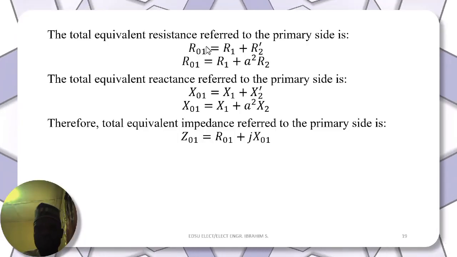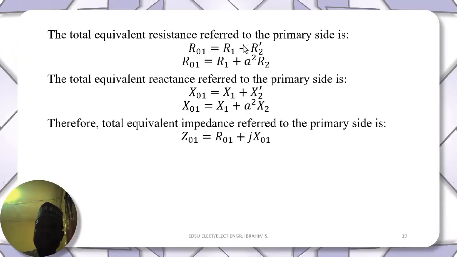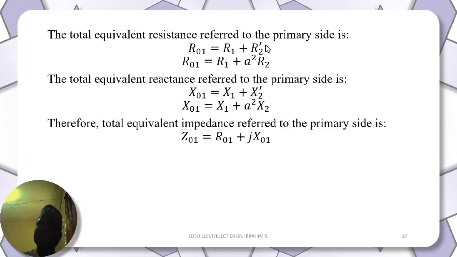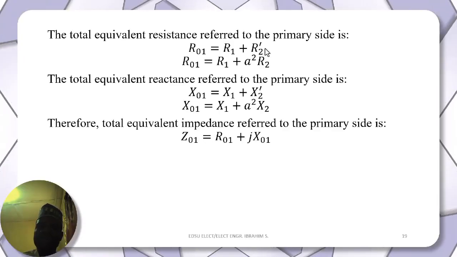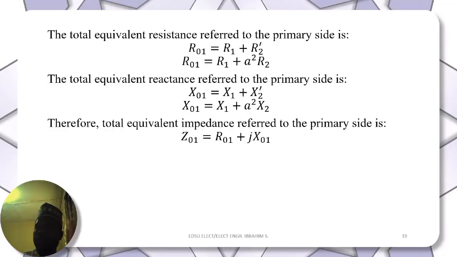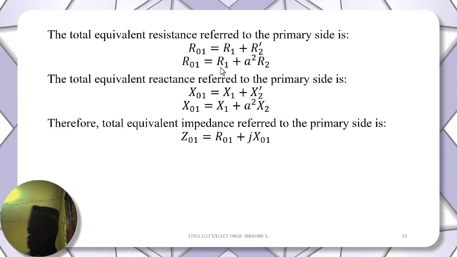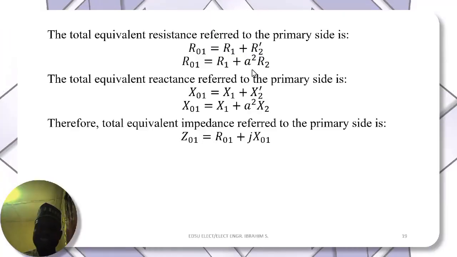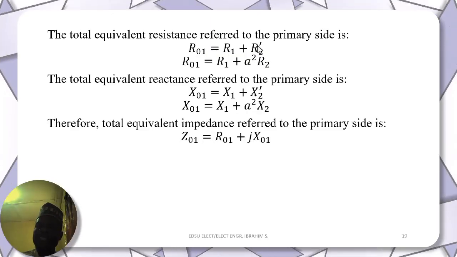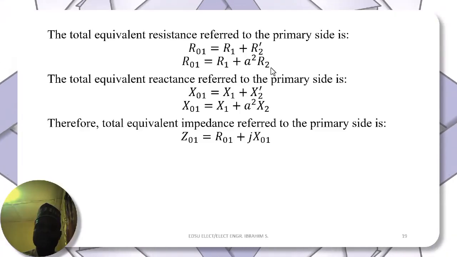So for the primary side, we have R1, the resistance at the primary, plus the resistance at the secondary when you refer it to the primary. So we have R01 to be R1 plus a squared R2. The secondary resistance when referred to the primary is a squared R2.